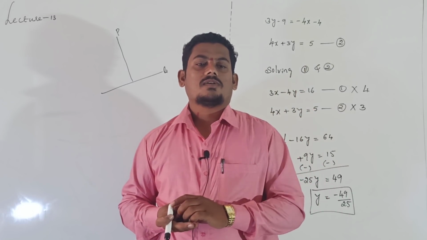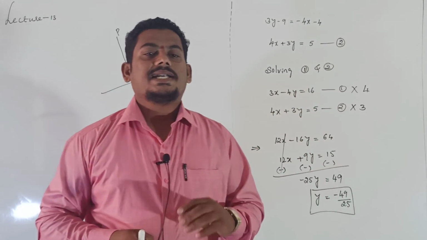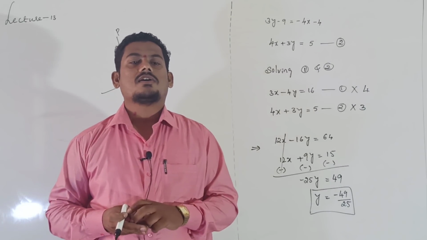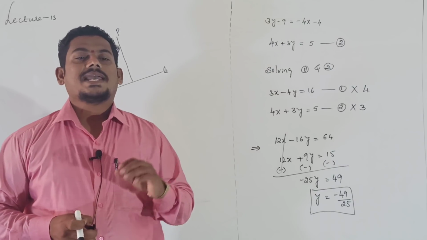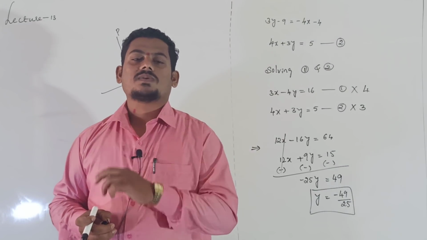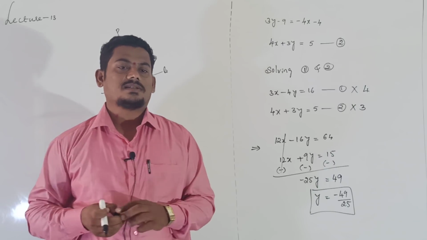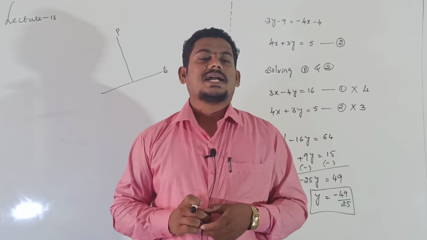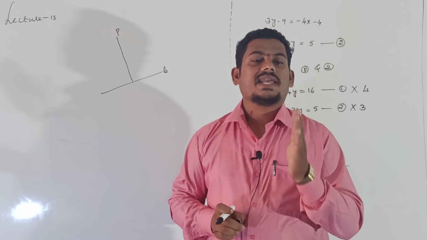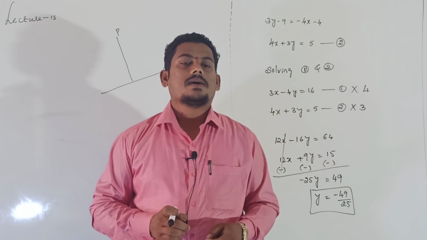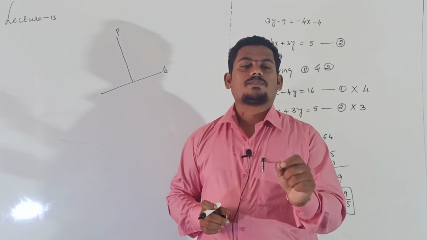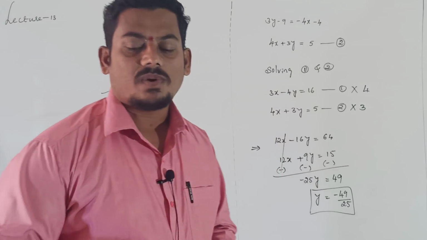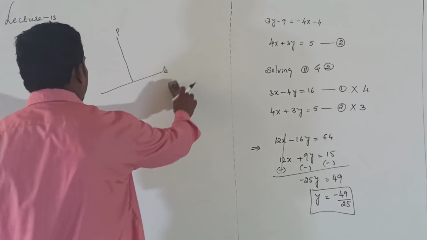Derive the formula for distance of a point x1 comma y1 from the line ax plus by plus c equal to 0. We have to derive one formula and it is very important for 5 mark.